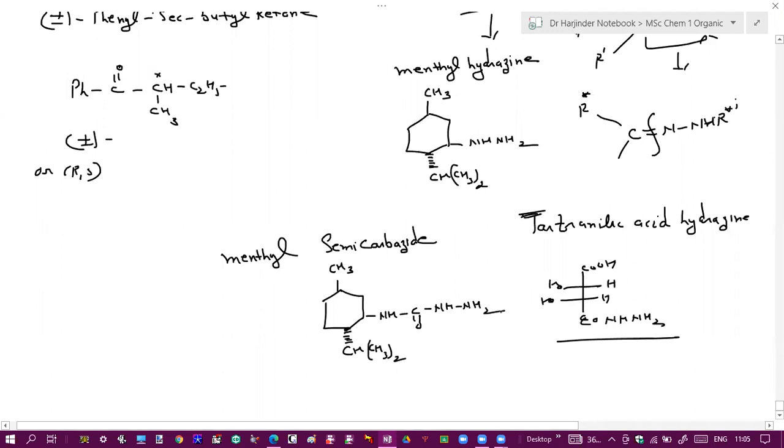So this is your methyl semicarbazide. So these are optically active hydrazines which are most commonly used for resolving aldehydes and ketones. We will see by using this example how it can be resolved.